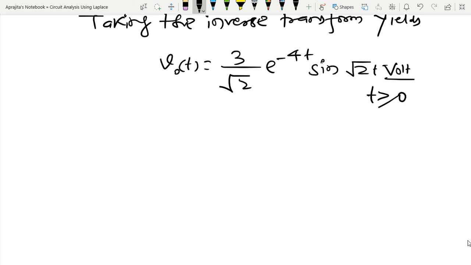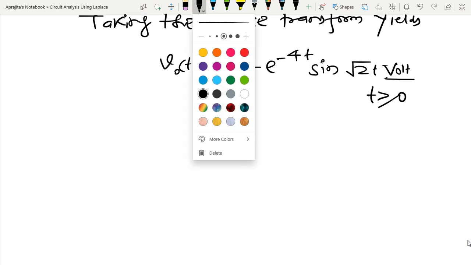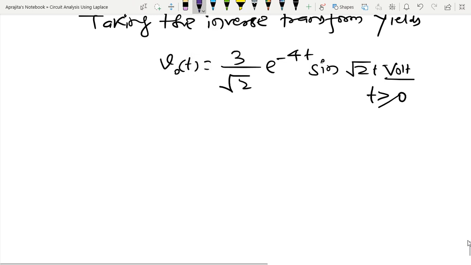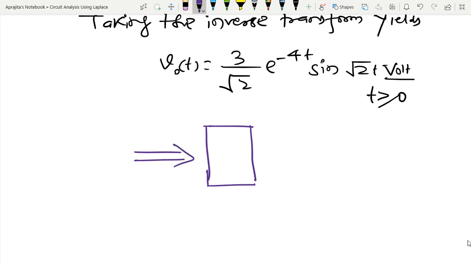So basically let us first define it. The situation is like this: I have something, and inside this I have either a system or a network, anything, and suppose you have an input, so x(t) is your input, and y(t) is the output, and this is some system.